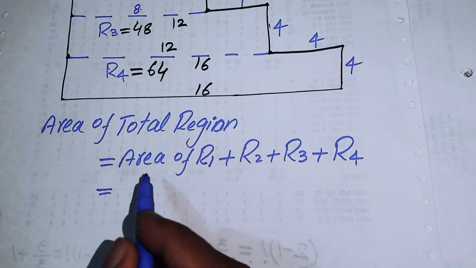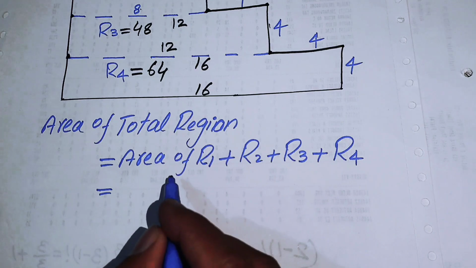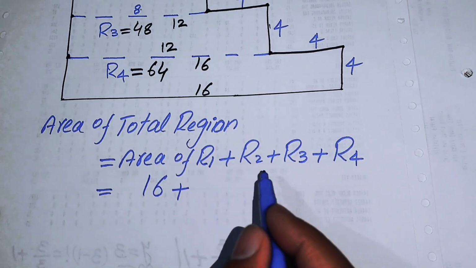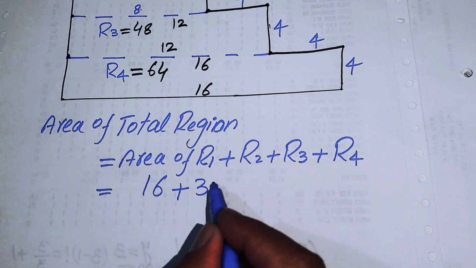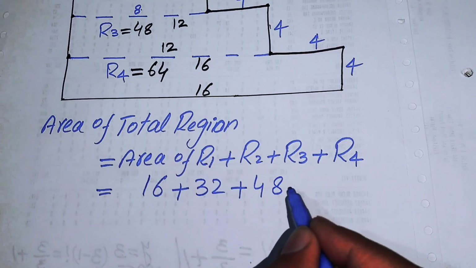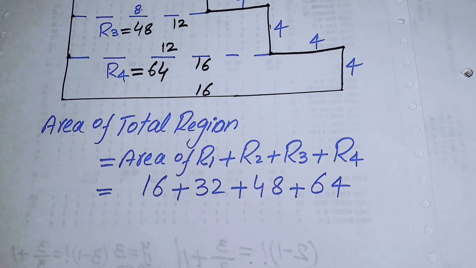Now we sum up all these four areas: the area of R1 is 16 plus the area of R2 is 32, the area of R3 is 48, the area of R4 is 64.